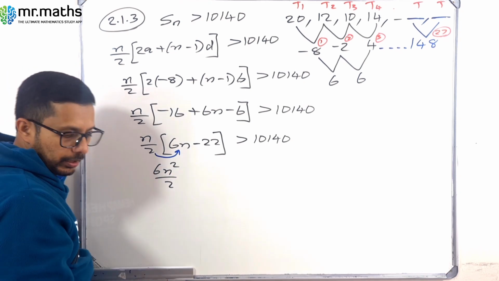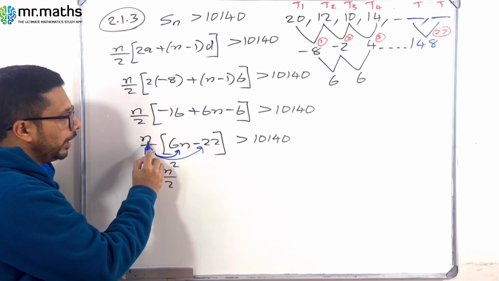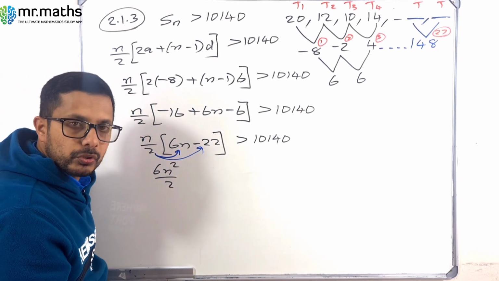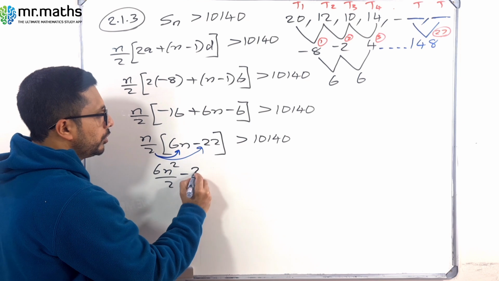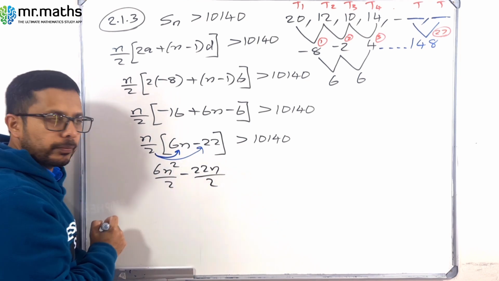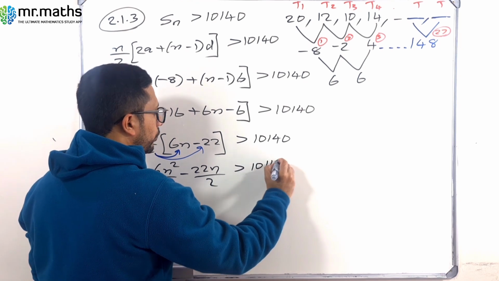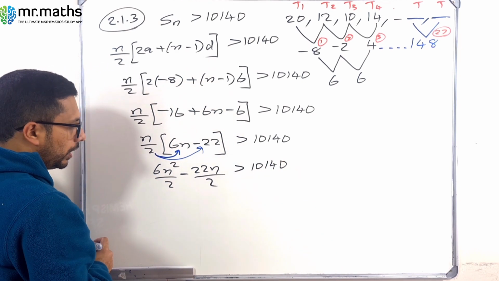Then I have to multiply n into minus 22, so it is minus 22n divided by this 2, is greater than 10,140.